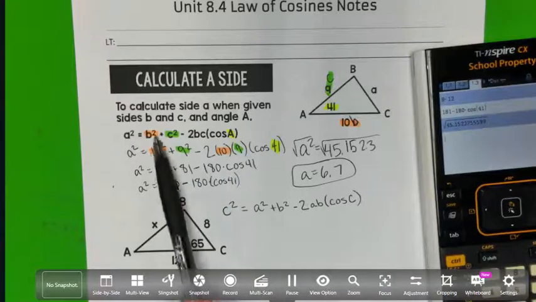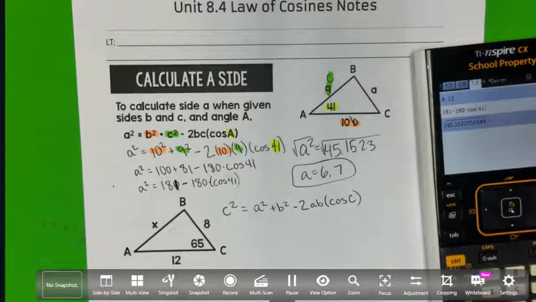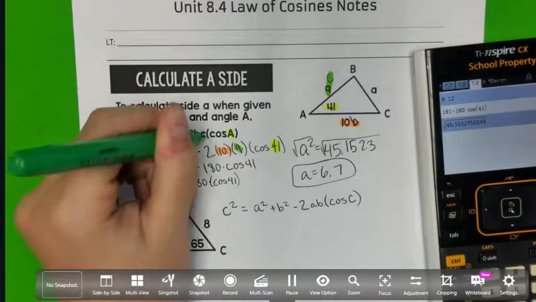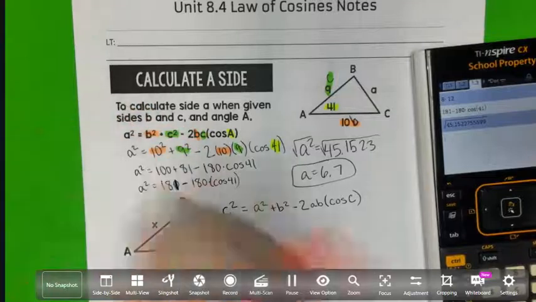These become A and B instead of B and C. And I forgot to highlight those, didn't I?